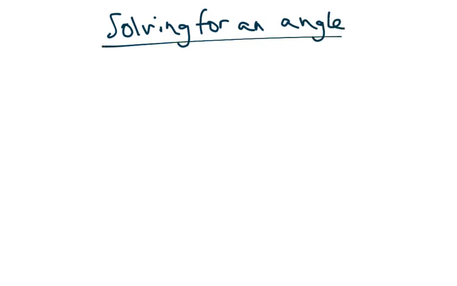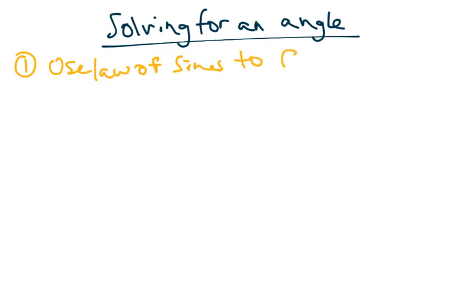But basically, the steps for solving for an angle would be: step 1, use law of sines to find one of the missing angles.